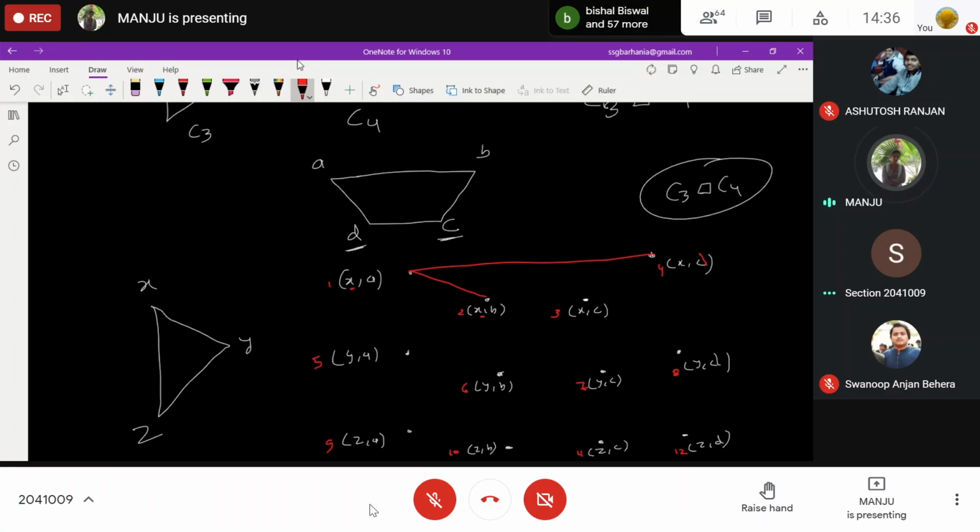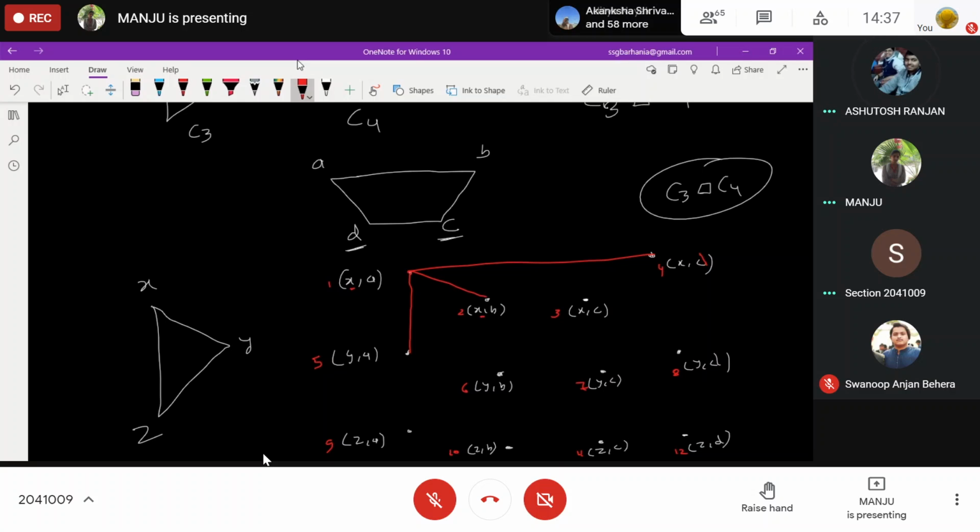Is 1 adjacent to 5? Yes or no? Yes, sir. 1 adjacent to 6? No. 7? No. 8? Yes or no? No, sir. 9? Is 1 adjacent to 9 or not?